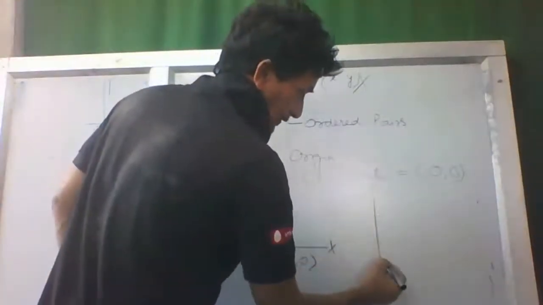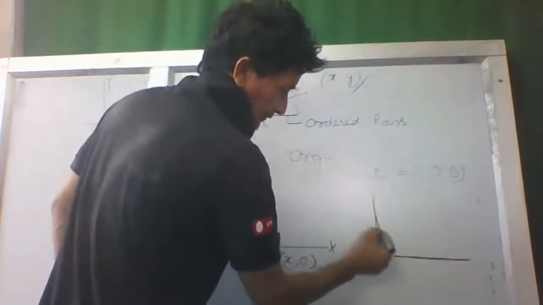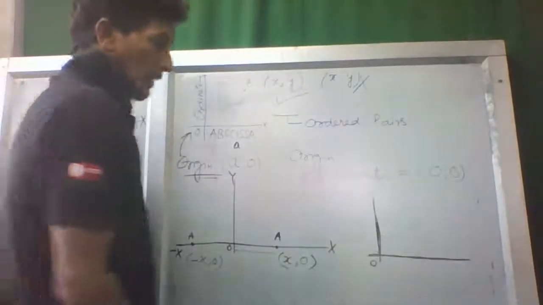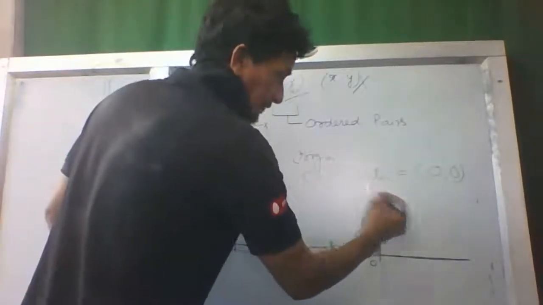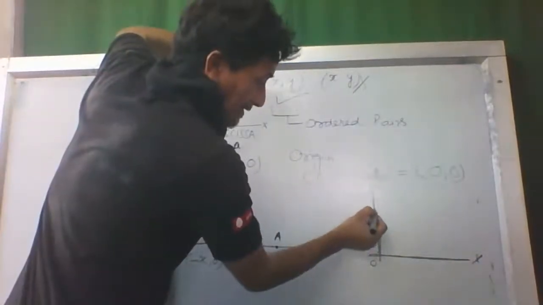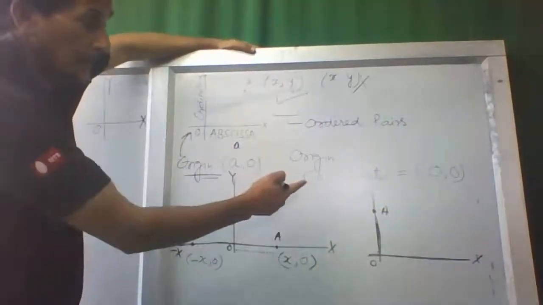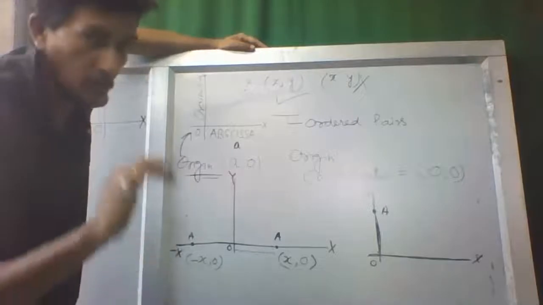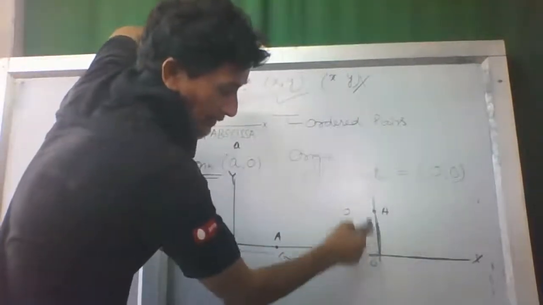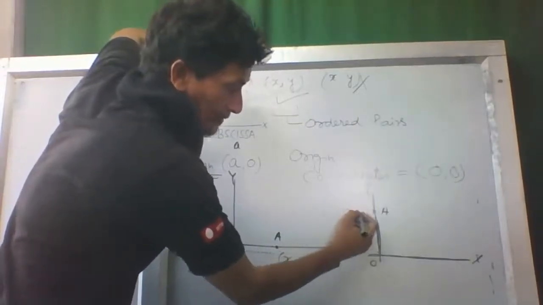If this is our second graph, with the y-axis and the x-axis, and a point A has been taken on the y-axis, then its coordinates will be 0, because the value on the x-axis is 0, comma, the ordinate value is y.